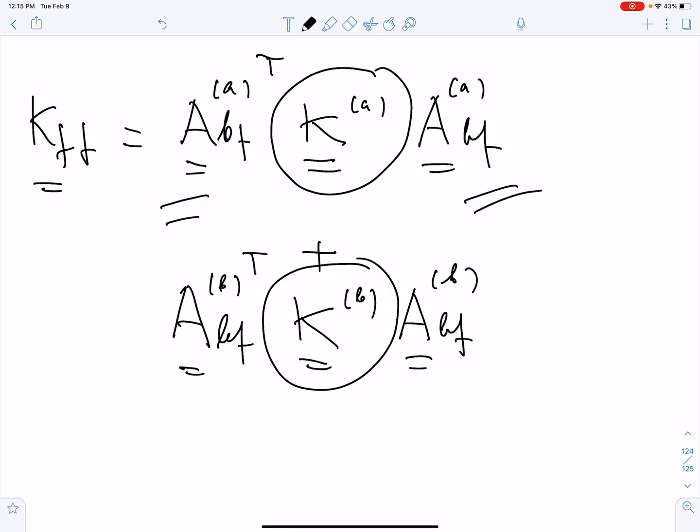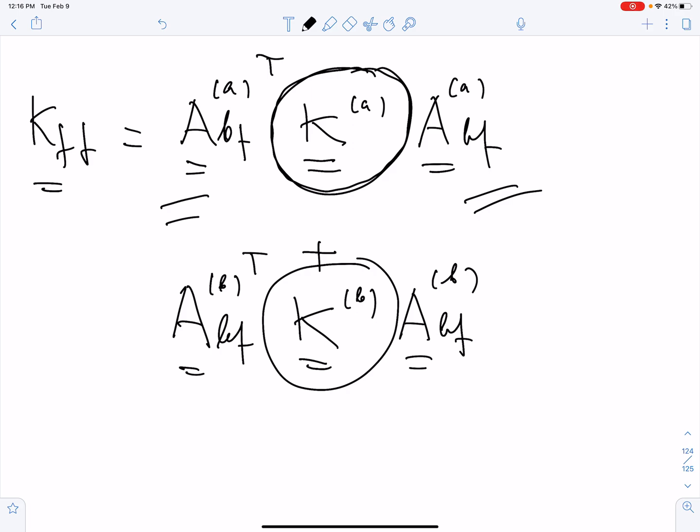These Boolean matrices take the element level stiffness matrix, which for a truss is always 4 by 4, and by pre and post multiplying by ABF and ABF transpose, this operation takes the entries of the element stiffness matrix and places them in the appropriate locations of the structure stiffness matrix.